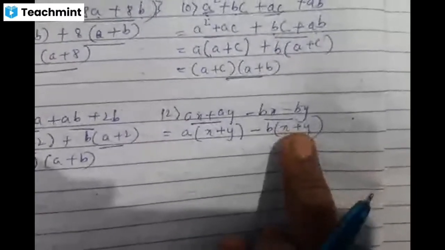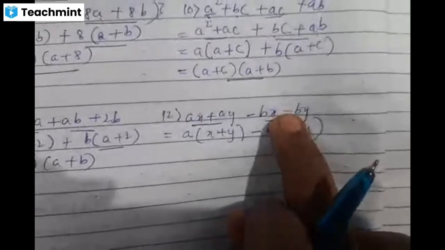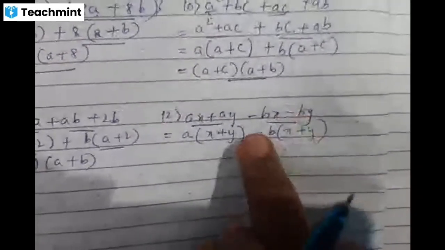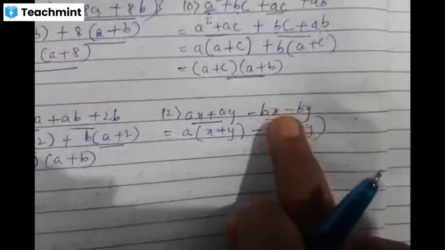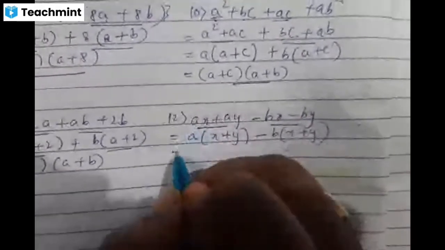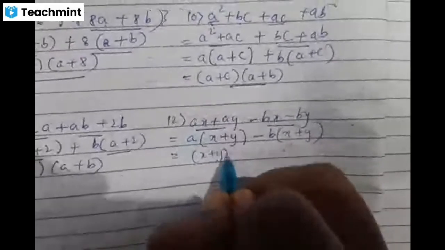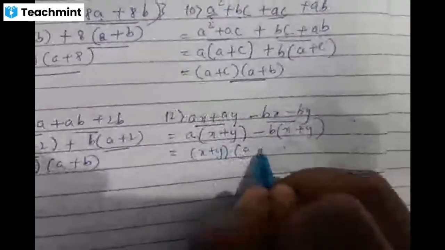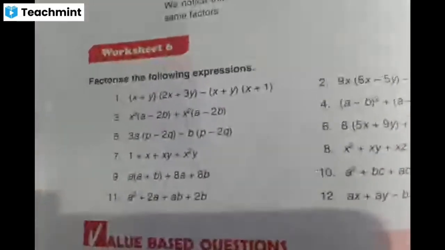Why do I write the plus sign here? Because in the answer above, it is a minus sign. Minus into plus will be minus. Therefore, we have to write plus, children. Now in this, which is the common binomial? X plus Y is common, into A minus B. In this way, we factorize the given algebraic expressions.